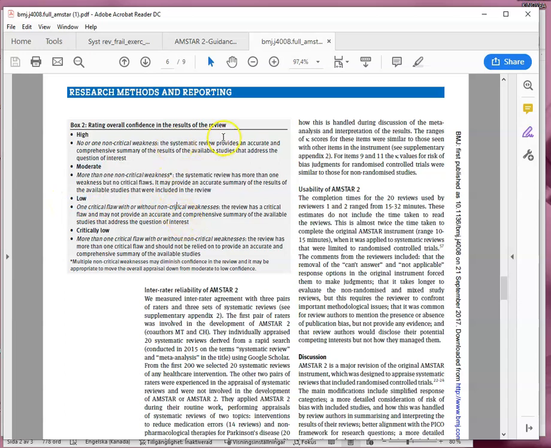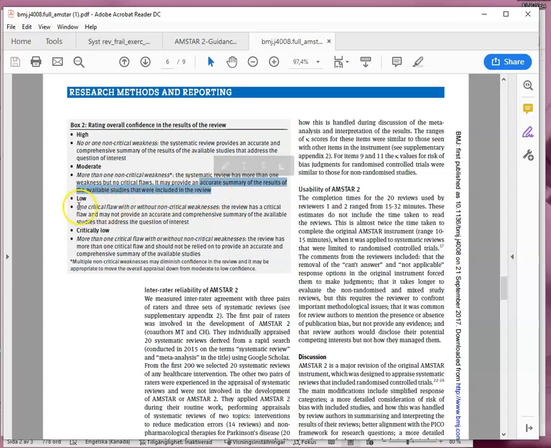Is this systematic review an accurate and comprehensive summary of the results of the available studies that address the question? Or do you think it's moderate: more than one non-critical weakness, but no critical flaws, provides an accurate summary of the results?